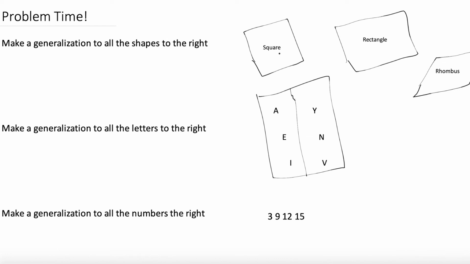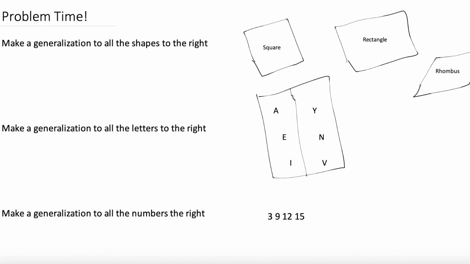A rhombus is basically a square, but with slanted sides. Everybody's generalization is different. So if it's not exactly this, just make sure to test it by yourself, because that's what this whole problem is about too.